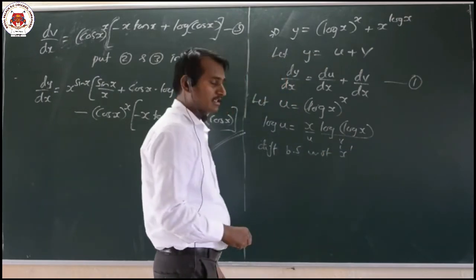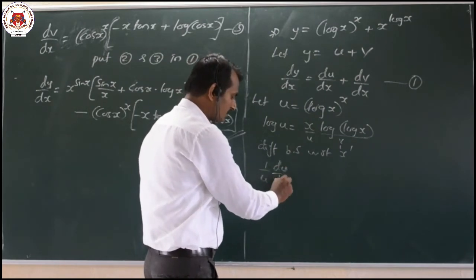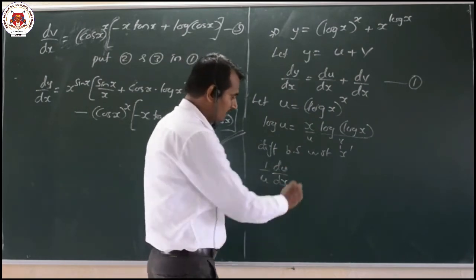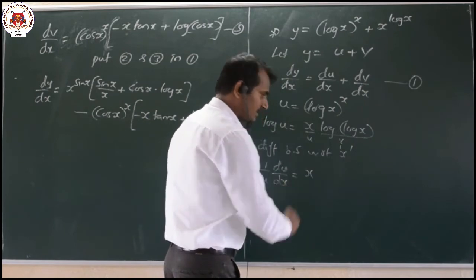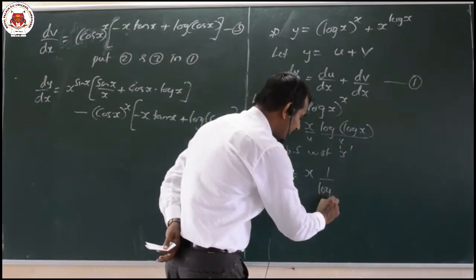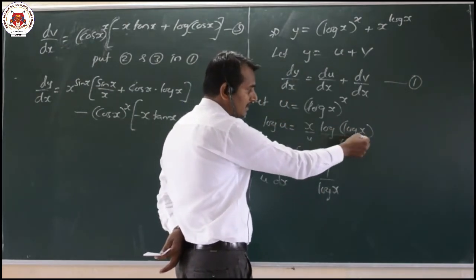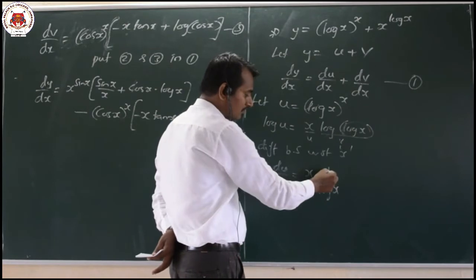See what we get now. Differentiation of log u is 1 by u into further differentiation of u, du by dx, equal to x as it is, differentiation of log, that is 1 divided by log x. Differentiation of log is 1 by x, but here instead of x we have log x, therefore 1 by log x.